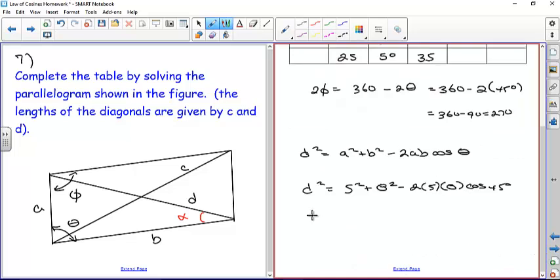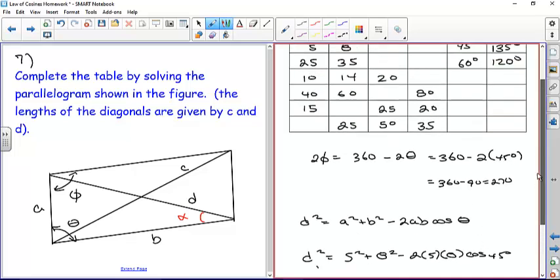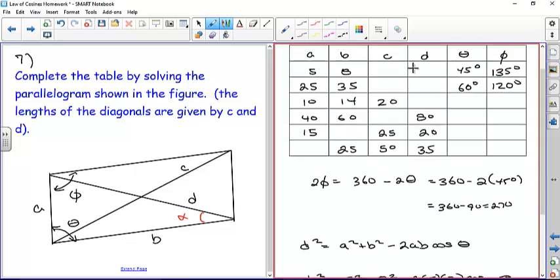So we get D squared is equal to 5 squared plus 8 squared minus 2 times 5 times 8 times the cosine of 45. And I get 58.7. So take the square root of that, and you'll get 7.66. Okay, so D is 7.66.